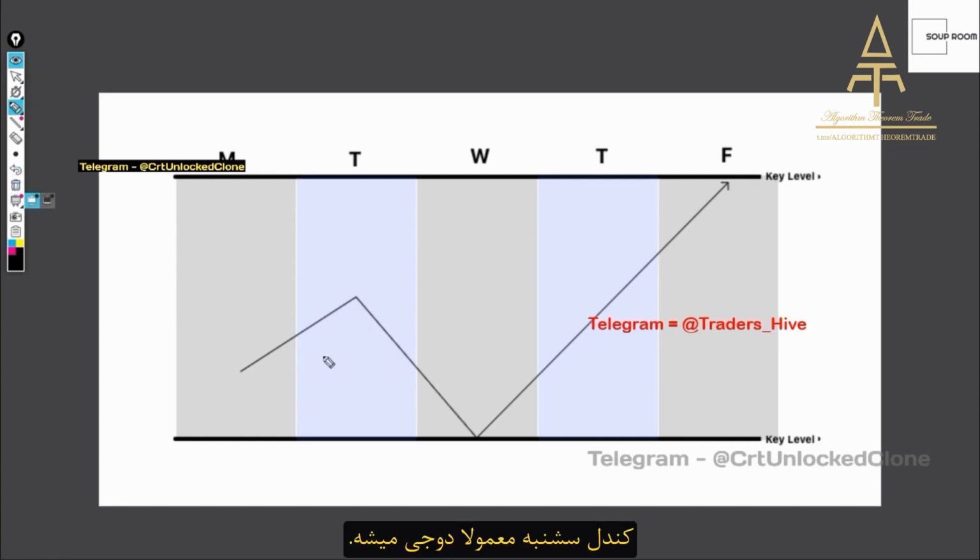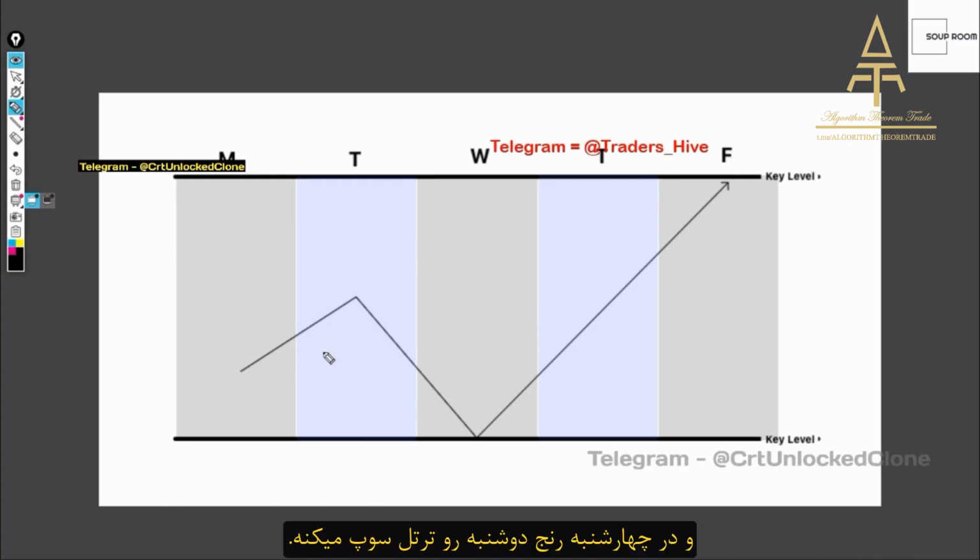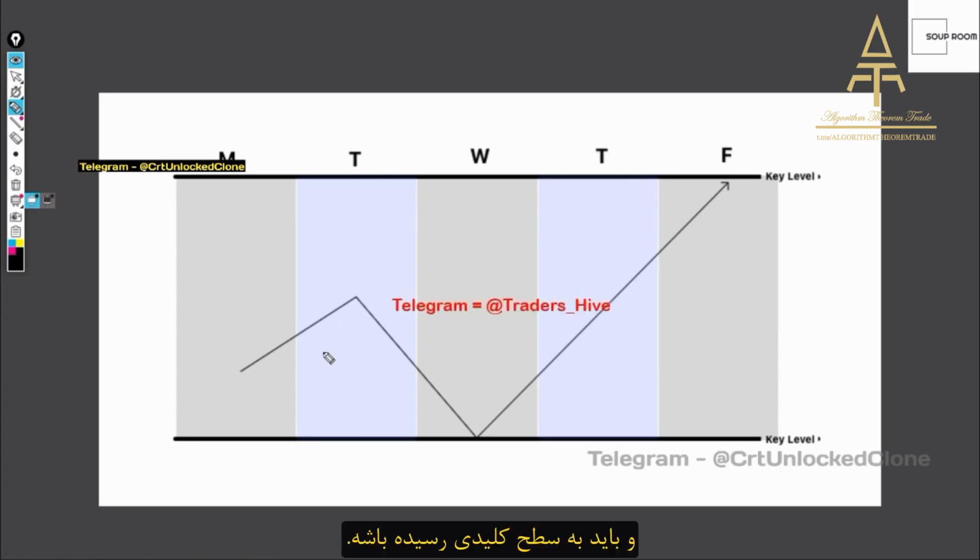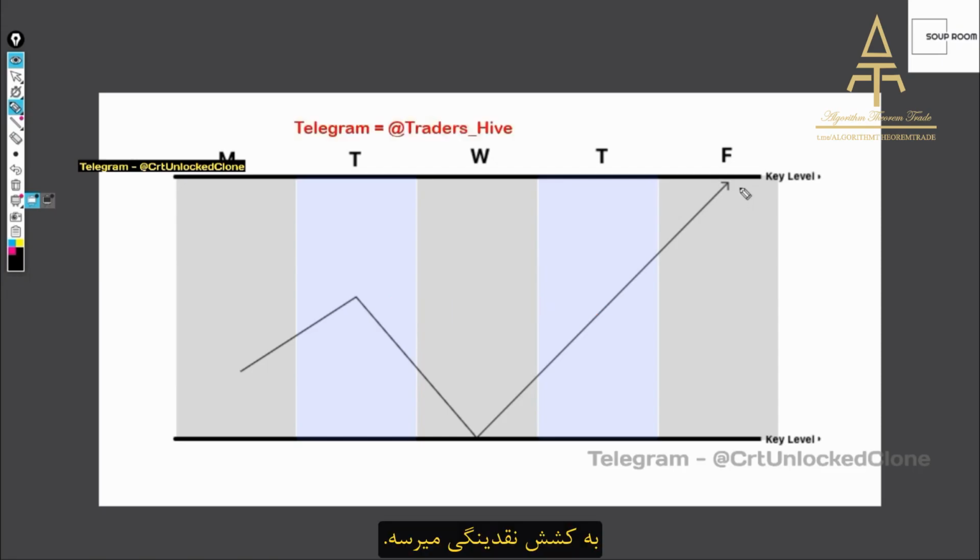Tuesday's candle will usually be an inside bar, leading Wednesday's candle to reverse and turtle soup Monday's CRT range. The soup must test a key level. Price then expands to the opposing end of the range on Friday and tests the draw of liquidity.